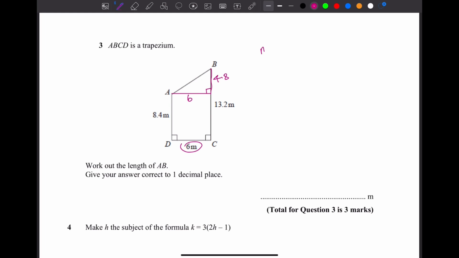Then AB is the longest side on the Pythagoras: square root of 6 squared plus 4.8 squared, which will give you an answer to 1 decimal place of 7.7 meters.